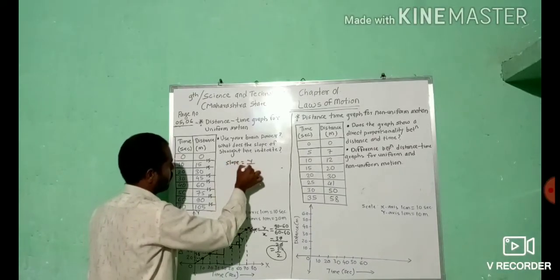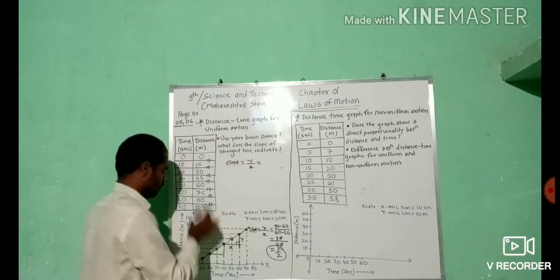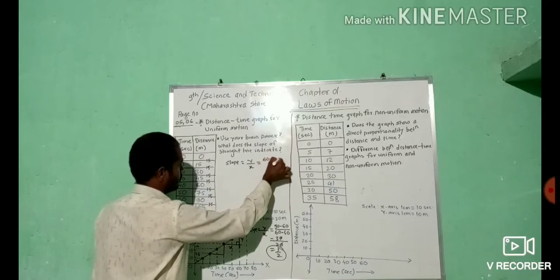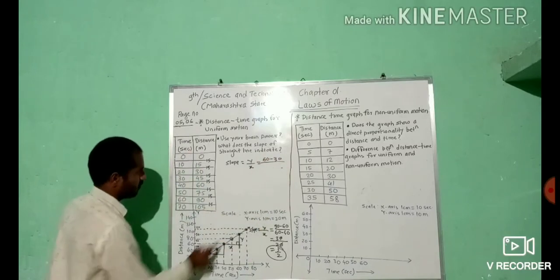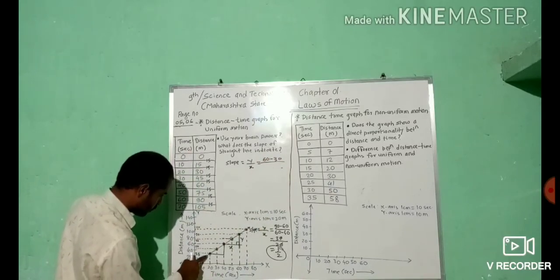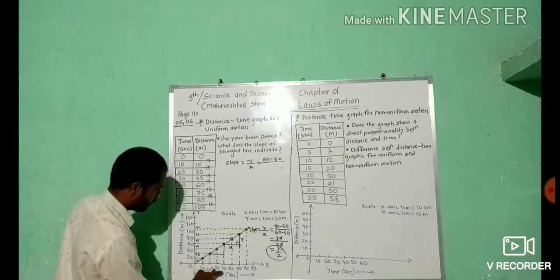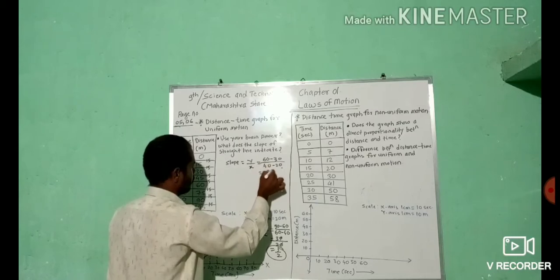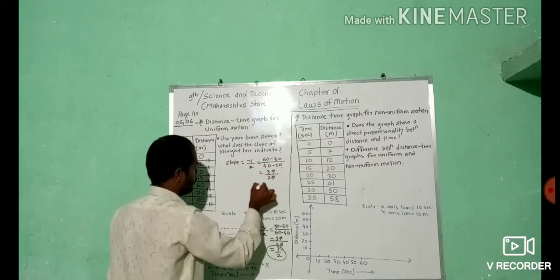Slope is equal to y divided by x. You will get 60 minus 30, and for the x values there is a 20 and a 40. So 40 minus 20. So again 30 by 20, you will get 3 by 2.